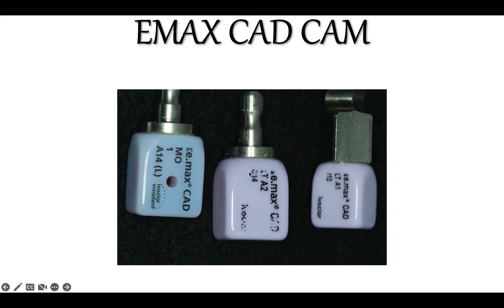You don't see here the C, but the name here is C14. So all of these sizes of blocks is something that you need to know because you need to choose this before you make the milling. You need to choose this and click on the right setting before you mill.